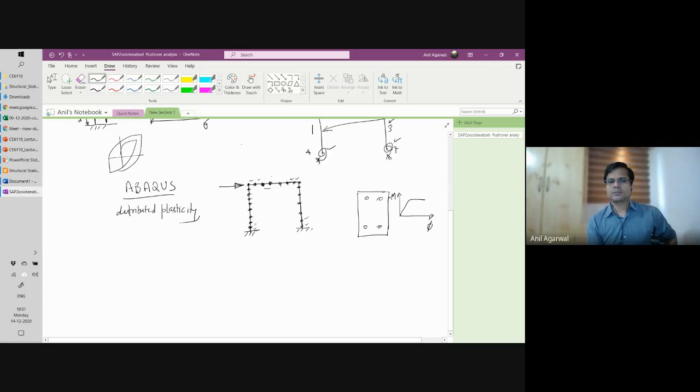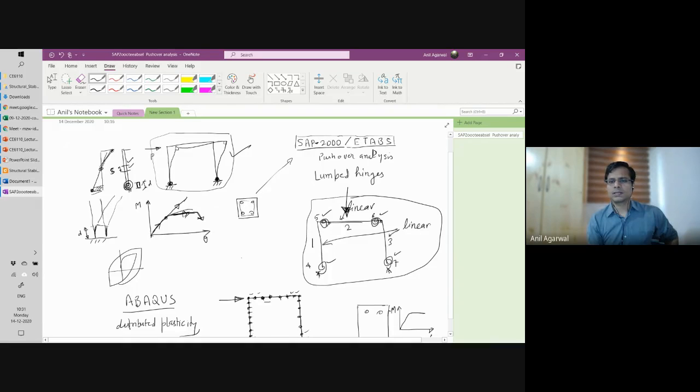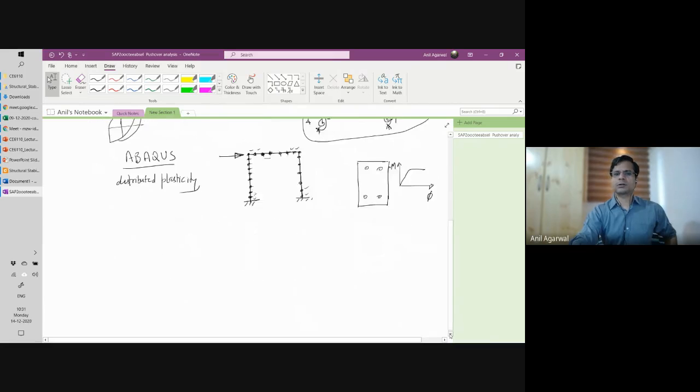So for example, in this particular case, let me go back here. In this kind of problem, if I had a concentrated load acting in the middle, then this kind of hinge definition will not work. I should have defined a hinge here if there was a concentrated load acting here. Until I define that hinge there, the software would not know, and it will not incorporate the plasticization accordingly.